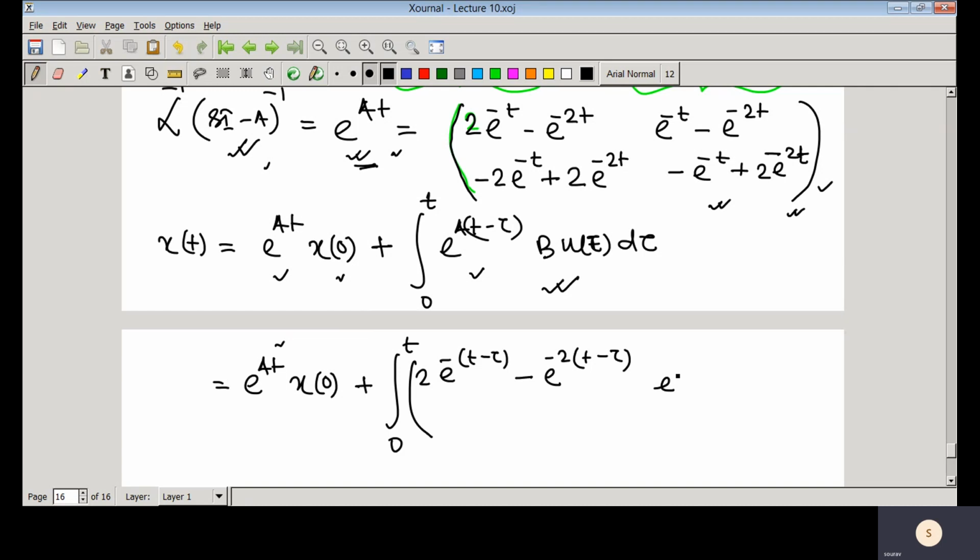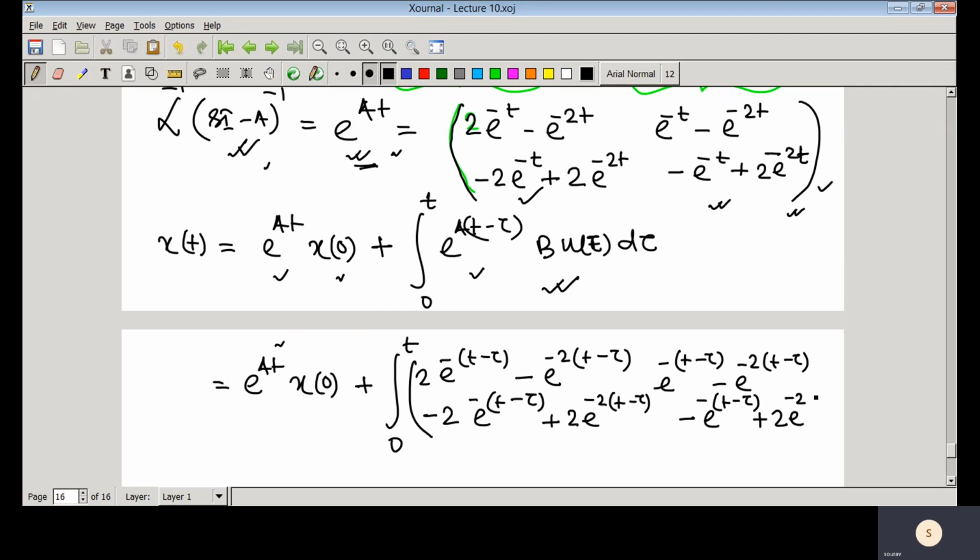Then the second term is e to the power minus (t minus tau) minus e to the power minus 2(t minus tau), and here you have 2 e to the power minus (t minus tau), this term, and 2 e to the power minus 2(t minus tau). So basically in place of t I am writing t minus tau, and the last term is e to the power minus (t minus tau) plus 2 e to the power minus 2(t minus tau). So this is actually e to the power A(t minus tau), this matrix I have written.